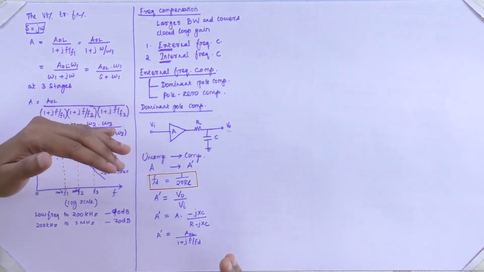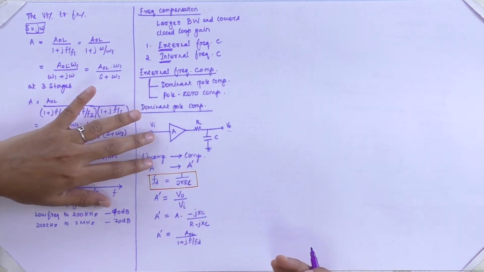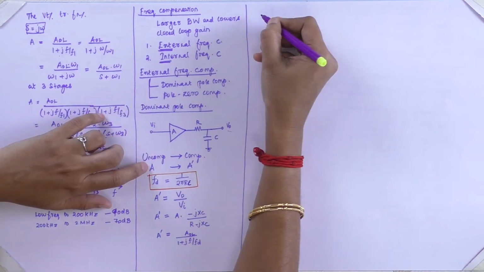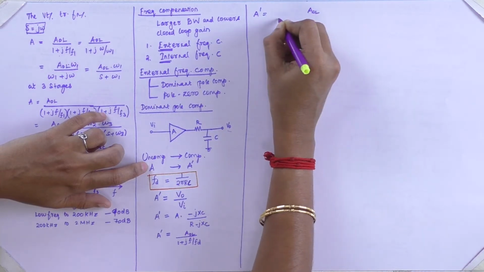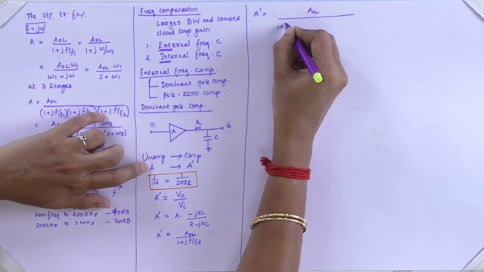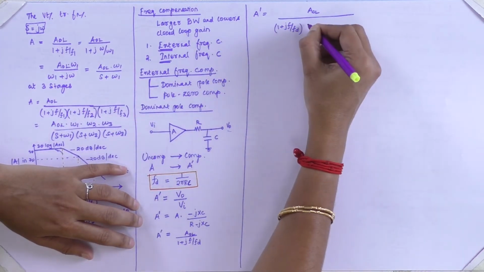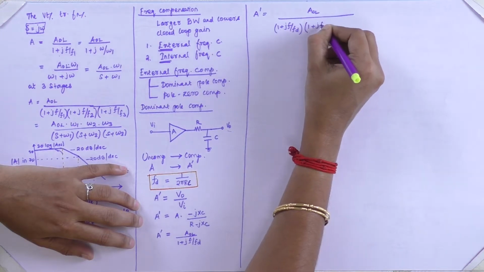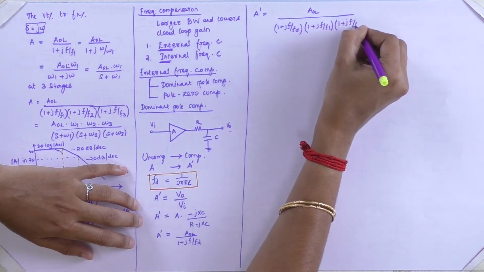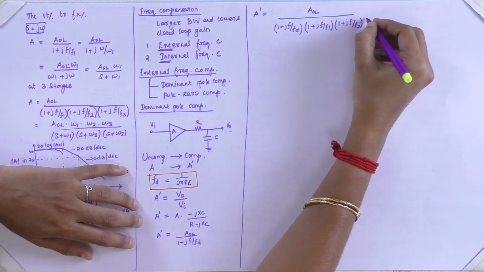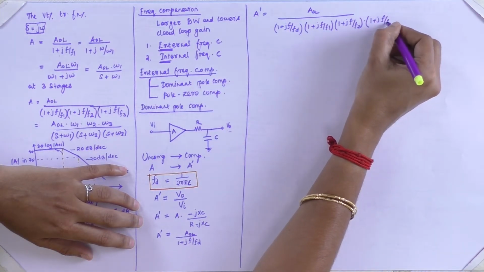Now we are going to add the upcoming stages of the RC network. In that condition, A dash is equal to, in the numerator, the open loop voltage gain, over 1 plus j f by Fd. Here we are going to add three more stages, which we can define as 1 plus j f by F1, 1 plus j f by F2, and 1 plus j f by F3.